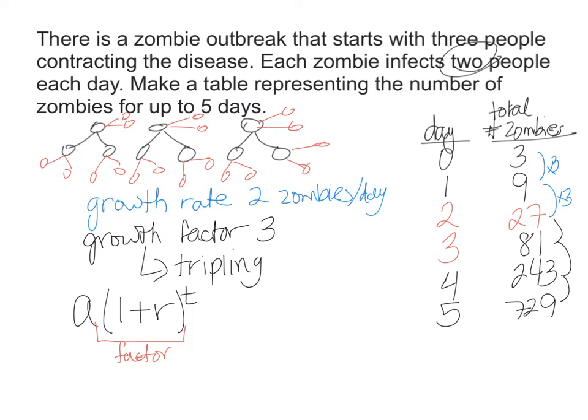The rate is the fact that there's 2 zombies per day, and we should notice that when I plug 2 into my equation here, I get 1 plus 2, which gives me my factor of 3. So that's the first part of my equation, how fast it's growing. And A represents how many people we start with, and we started with 3 zombies. So my equation is 3 times 3 to the t power.